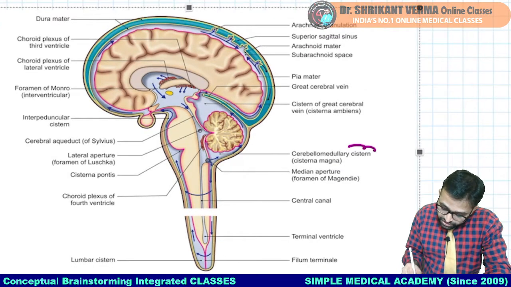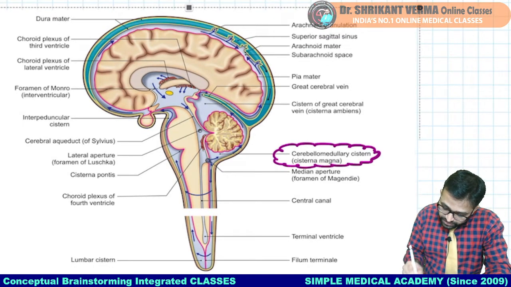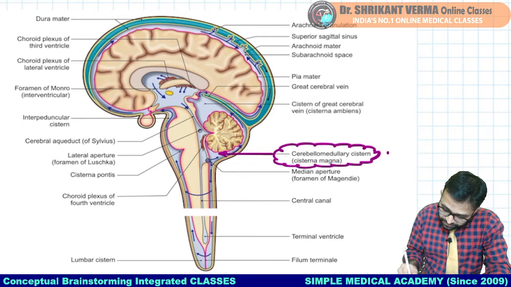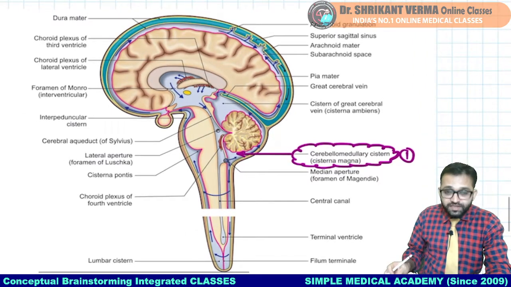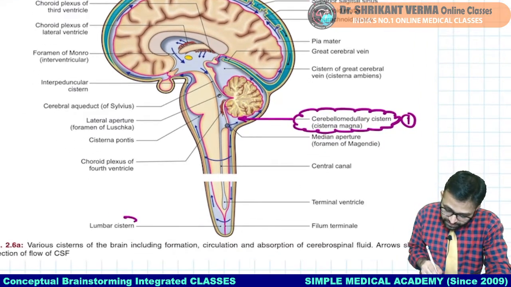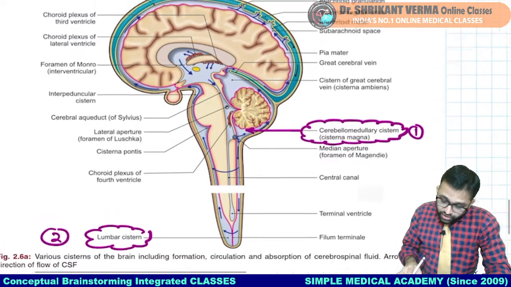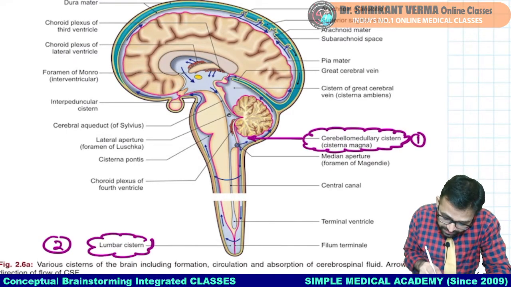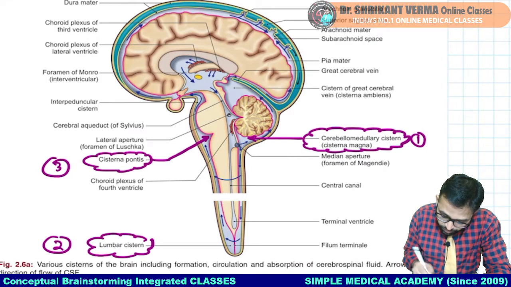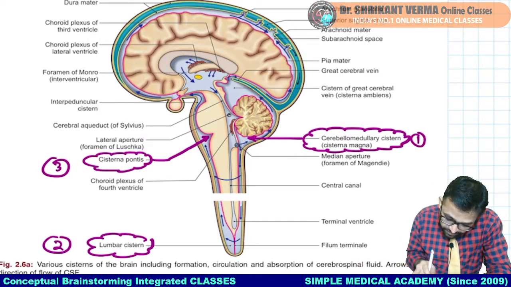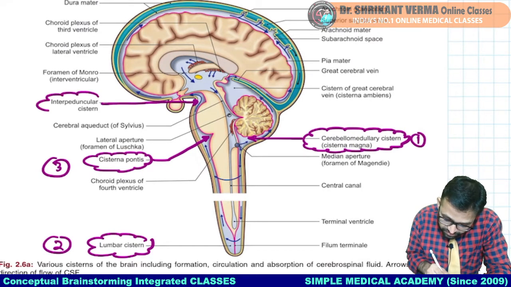The largest cistern, cisterna magna. Look at this position. First, largest cistern. Can you see? The another cistern, lumbar cistern, second is given here. Fine. You can observe other cisterns like cisterna pontis, third one, just in front of the pons. You can also observe interpeduncular cistern, fourth.